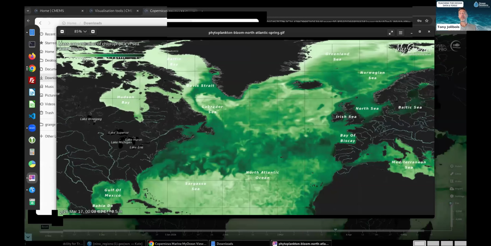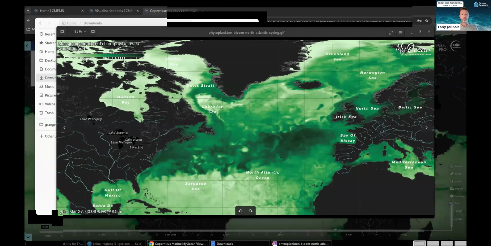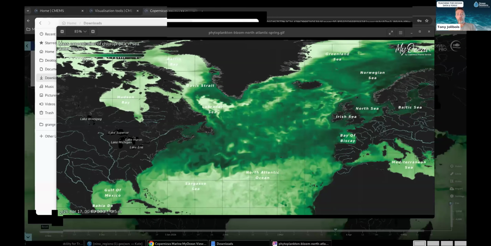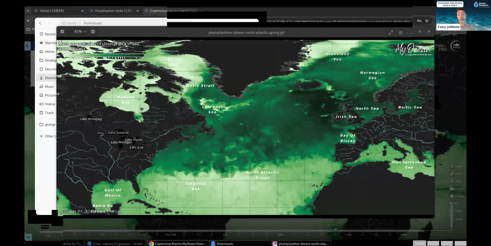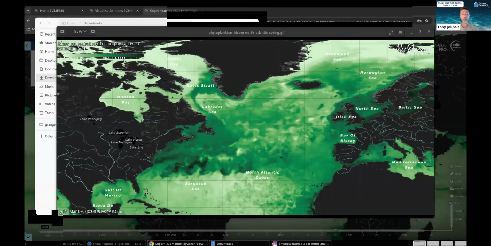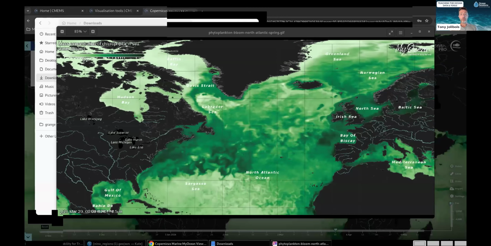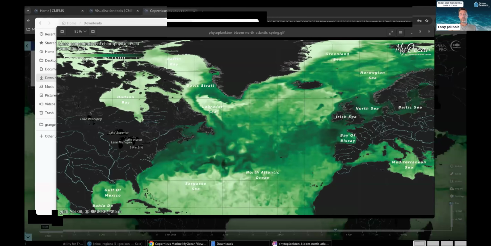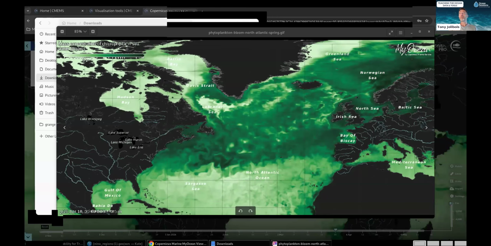And yeah, this is clearly the spring has arrived in the North Atlantic Ocean. And every year between April and June, the annual peak of phytoplankton can be seen here. Okay.